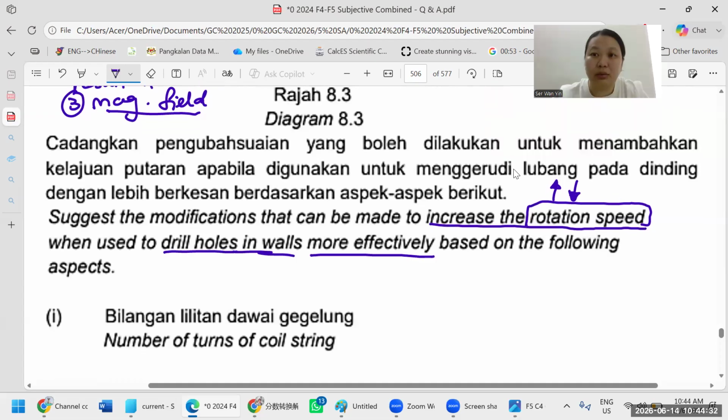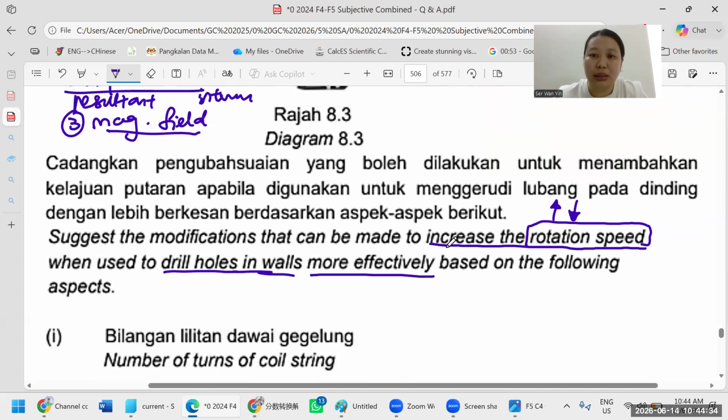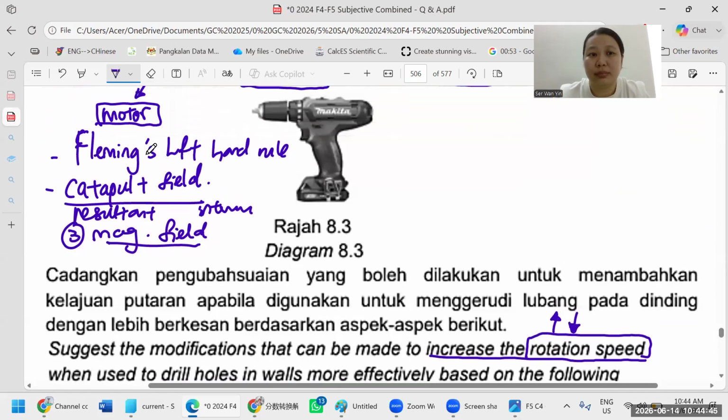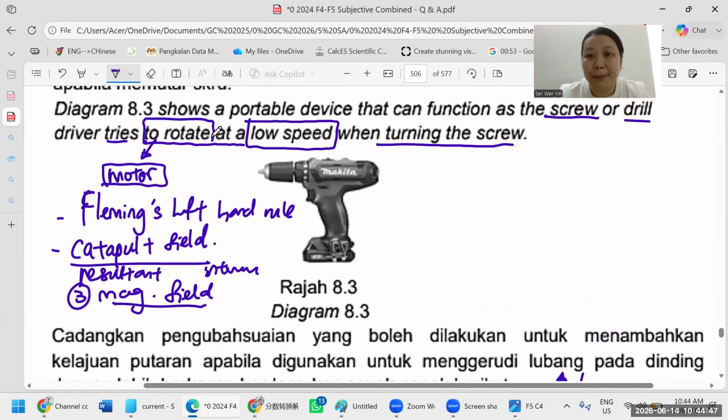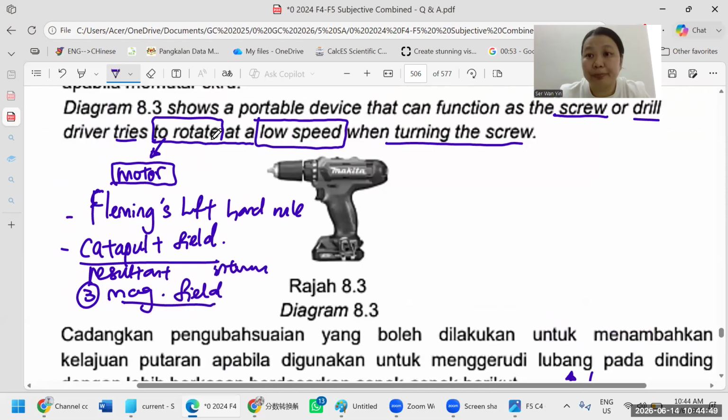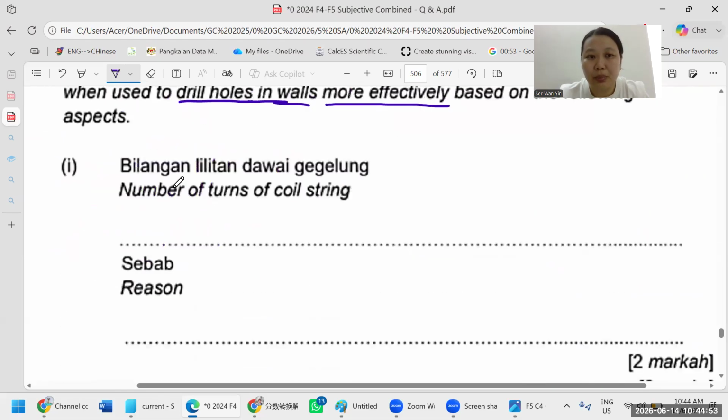Okay, so now rotating speed. See, this question doesn't tell you anything about magnetic field. So many students will say what? Number of turns of coil should be more.